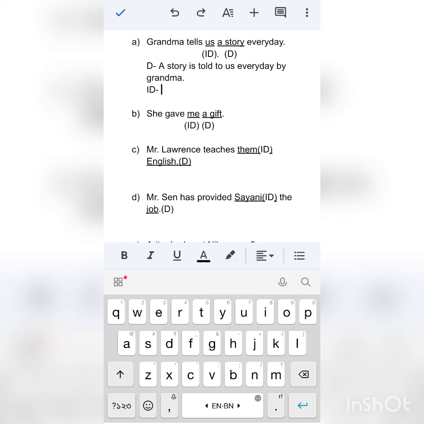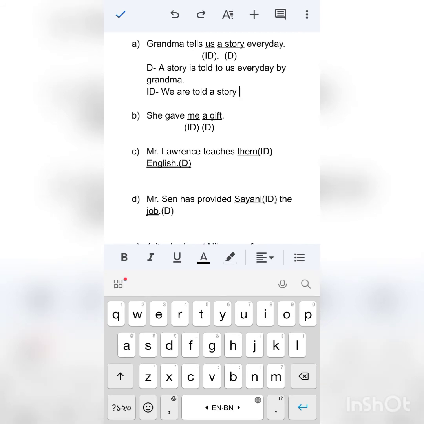Now for the indirect object, see, this will be, I think, easier for you. See, again, indirect object is us, but we can't use us at the beginning of any sentence, so we have to use we. So we, again, with we in present tense the be verb compatible is are, so we are told, right? Participle form of tell. A story.